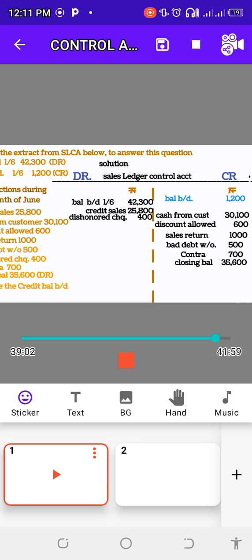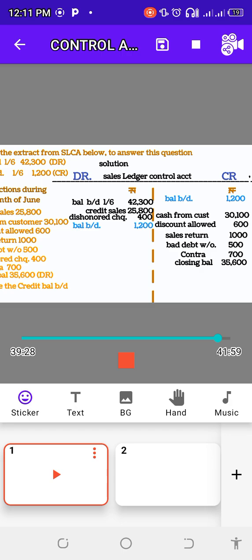Then the closing balance, as given in the question, is 35,600. This closing balance is given in the question. It's a debit balance, so it will be taken to the credit side as balance carried down, or closing balance.